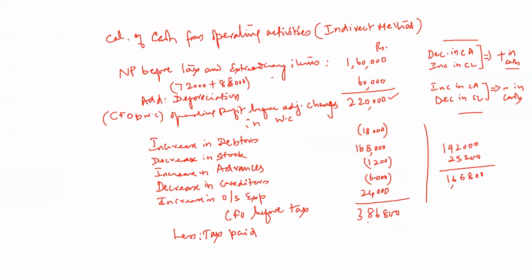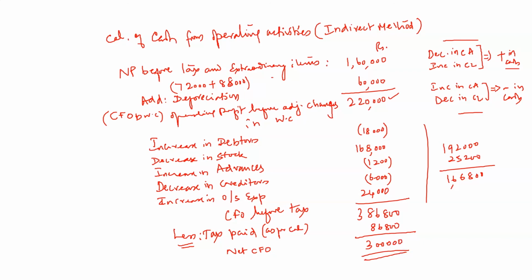So amount of tax as per calculation or as per workings, 86,800. So net cash from operations after making all these adjustments is going to be rupees 3 lakhs.